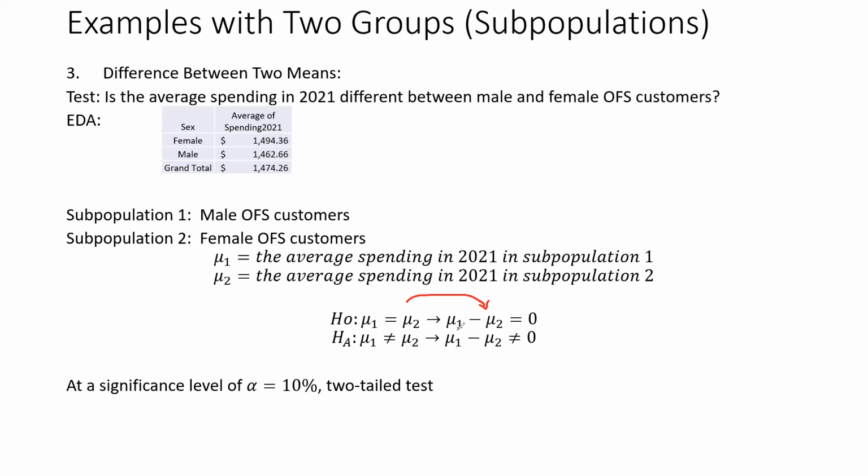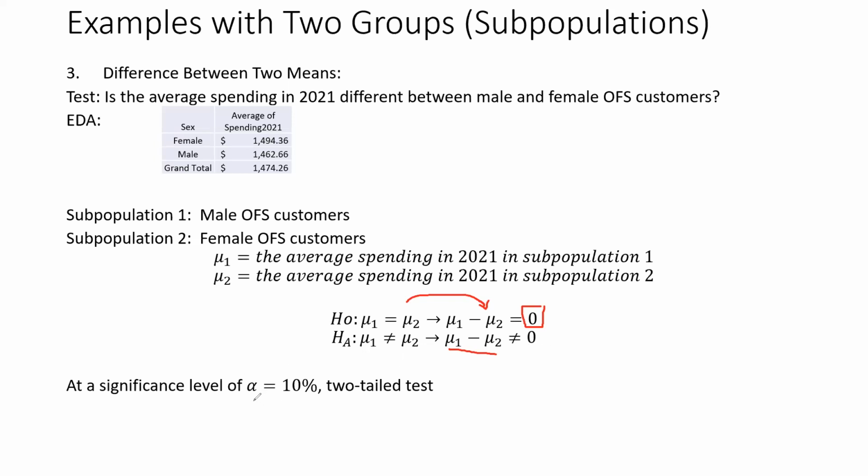The reason we do that is now we've set it up as a difference in means, and we have that number here that I keep telling you becomes important. This is our expected difference in the means in the null. We're expecting that there is no difference in the means. So in the alternative, we expect that there is a difference, and that it's not zero.